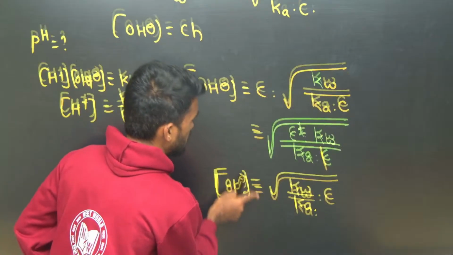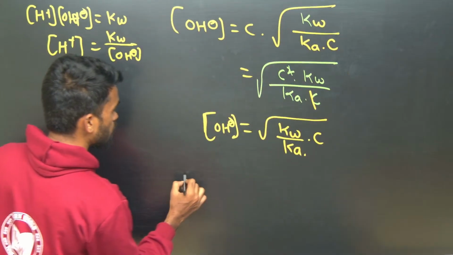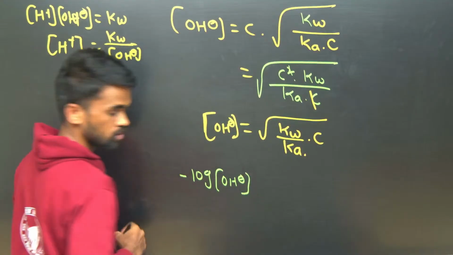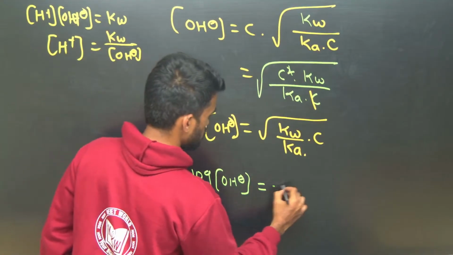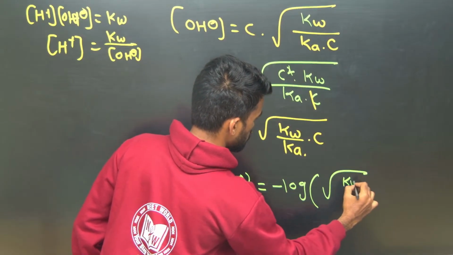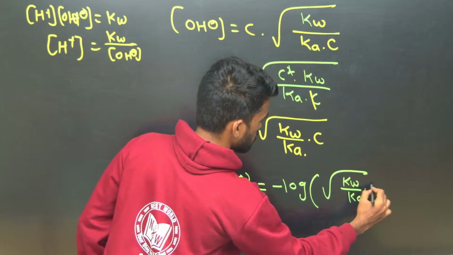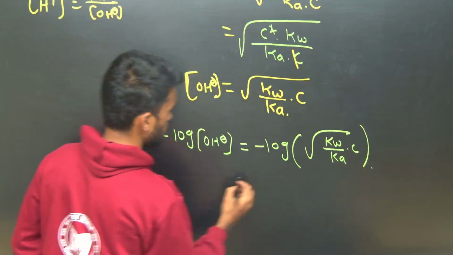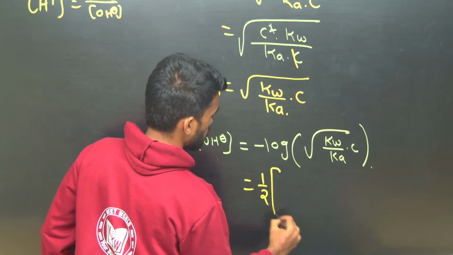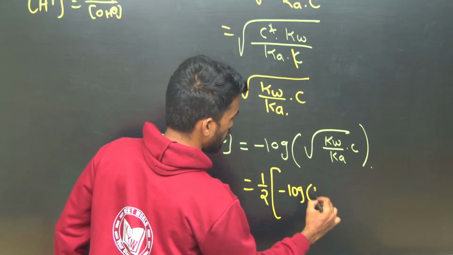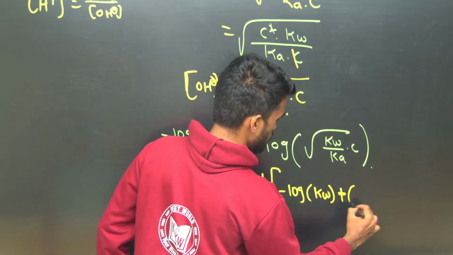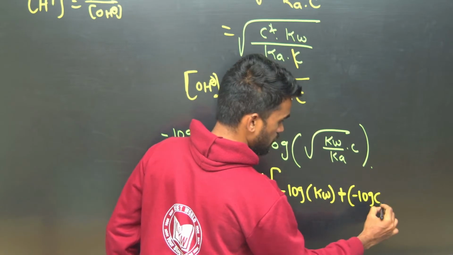So now apply minus log on both sides. pOH. What will we get here? 1 by 2 minus log Kw, I am writing. Again, into minus plus minus log C, I am writing.